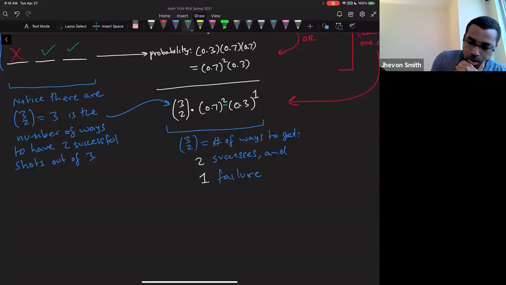So yes, 2 is the number of checks that he would get, and 1 is the number of X's that he would get. And notice that the number of successes is the one you're choosing. And I also want you to note that the 3 is the number of attempts, or as we might call them, trials.